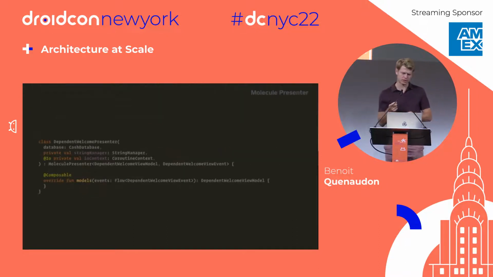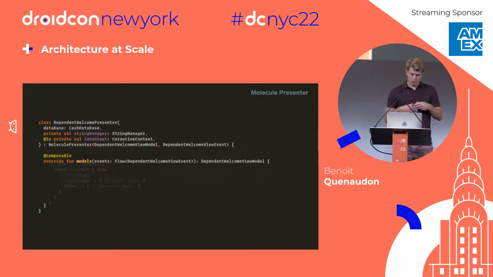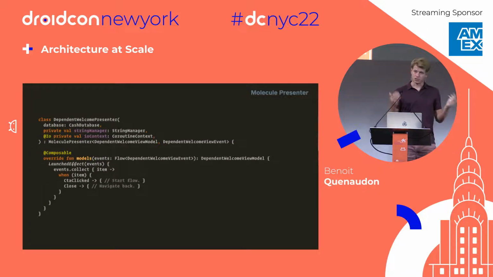So the presenter we saw earlier as an observable transformer, now in a Molecule presenter would be something like this. We again inject what we need to inject. We hook up the events. So it's now a basic when statement on the type of the event. If it's clicked on the CTA, we start a flow, otherwise we can navigate.